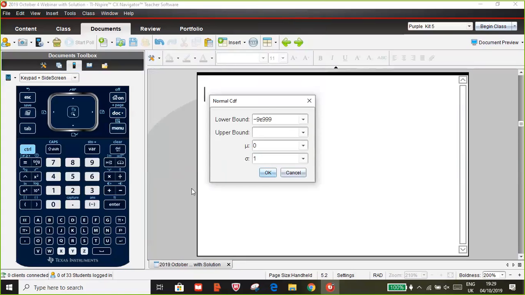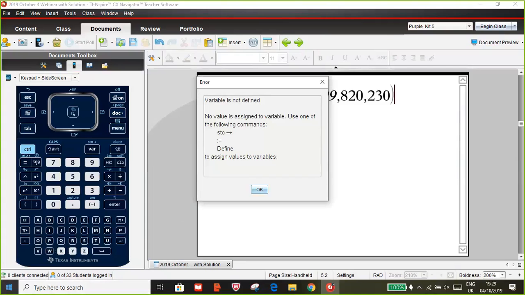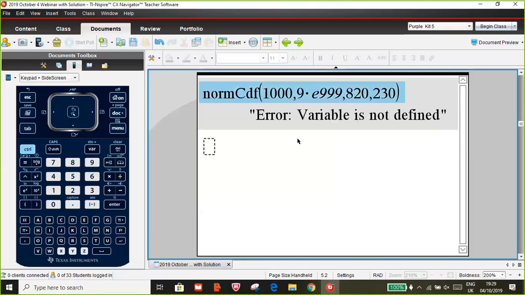The boundaries: its lower bound is 1,000 up to the upper bound, which is 9 E 999. The mean is 820. Standard deviation 230. Oh, shucks. I shouldn't be using this E. The reason is I didn't use the correct E.